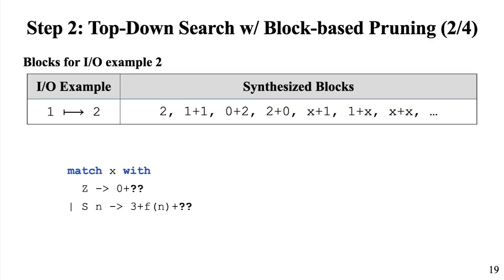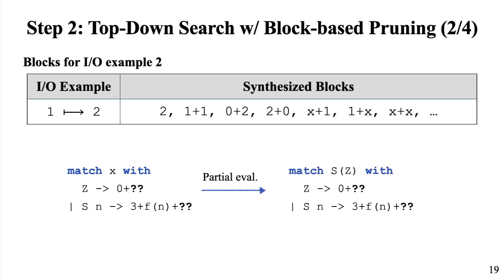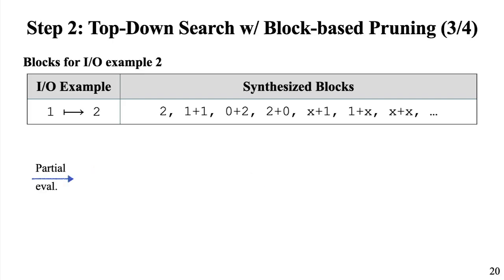Similarly, for the second I/O example, we perform partial evaluation of the candidate program using that example. After one step, x can be replaced by s of z because the input example is 1. And then the second branch could be taken. After another step of partial evaluation, we have this partial expression.